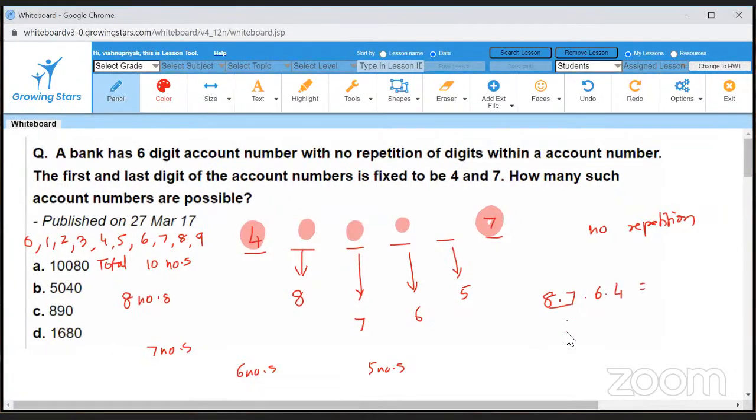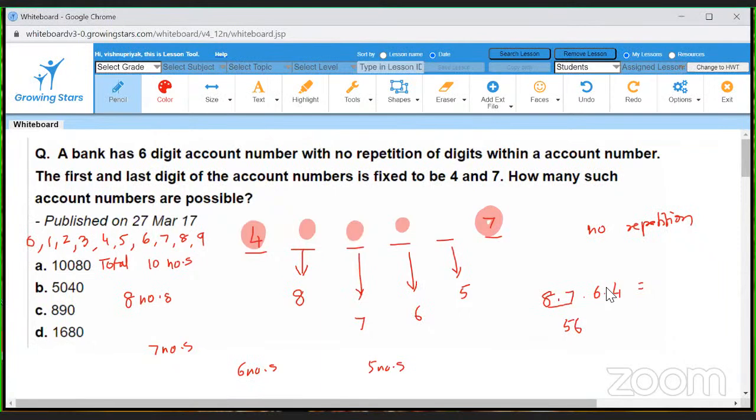Now how to multiply. 8 sevens are 56. 5 is also there in the middle. 8 sevens are 56, and 30 into 4 is 120. So here the shortcut method will not work. What am I doing? 8 into 7 into 6 into 5.